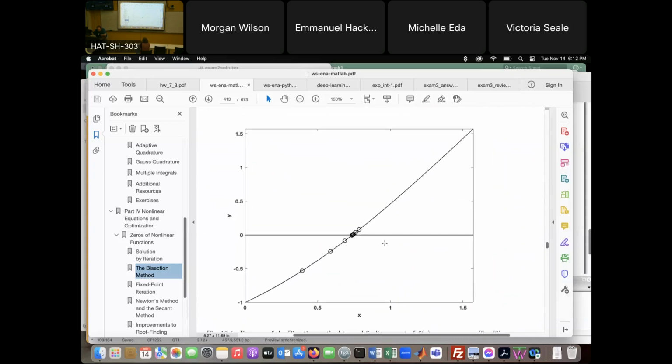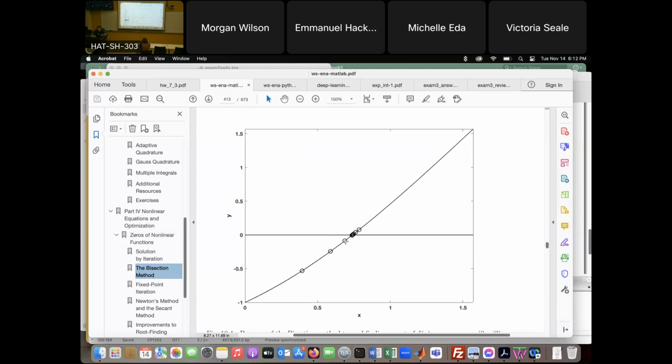Okay, so more iterations are carried out here. Here, pi over 4 is my first midpoint. Here's my second one at pi over 8, and the value is negative, whereas at pi over 4 it's positive. So somewhere between pi over 8 and pi over 4, there's a root. Then I consider this point, which would be 3 pi over 16. Again, the function value is negative, so now it's narrowed down between here and here.